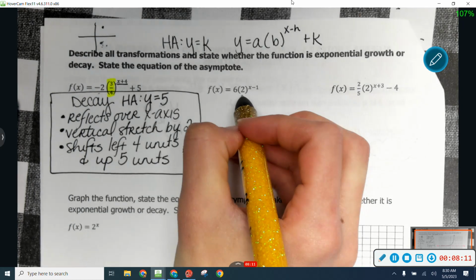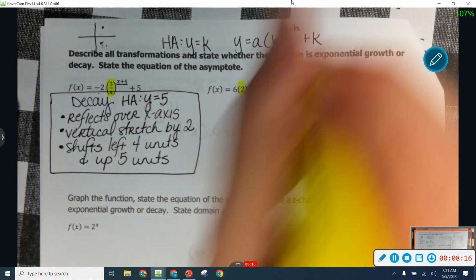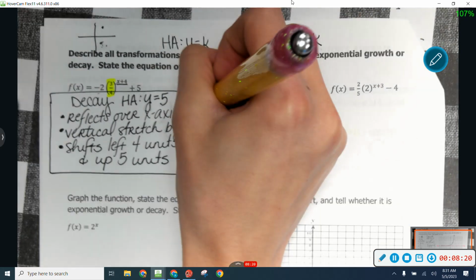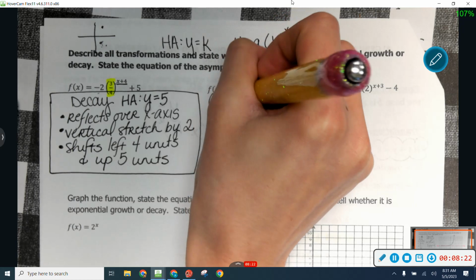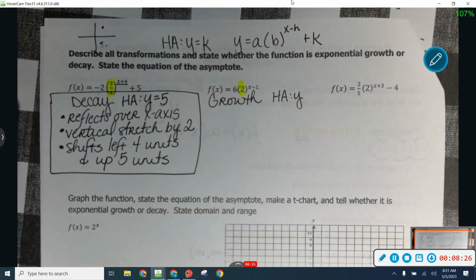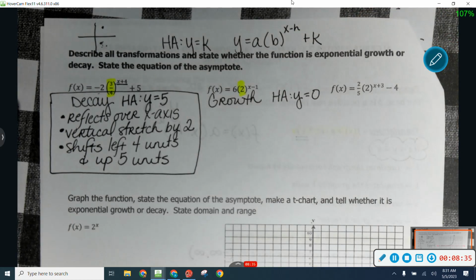So here I've got 6 times 2 to the x minus 1. My base is 2. Is that going to be a growth or a decay? A growth. My horizontal asymptote is based on what's added or subtracted at the very end. Do I have anything added or subtracted at the end? No. So that would be y equals 0.